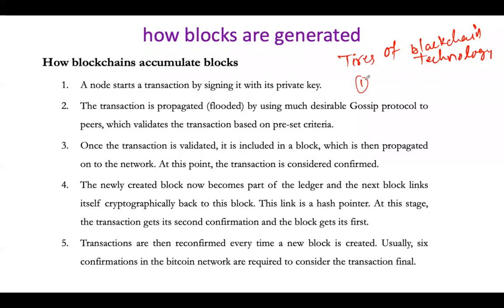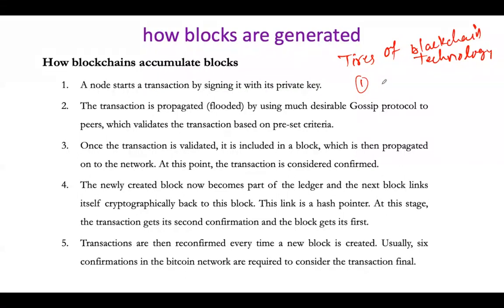First, the three levels of blockchain technologies are described by an author called Melanie Swan in her book Blockchain: Blueprint for a New Economy.